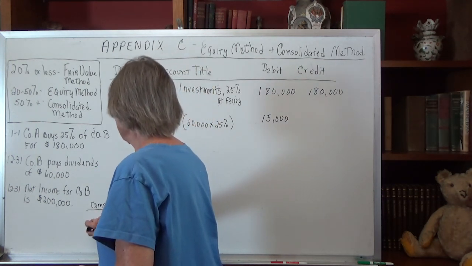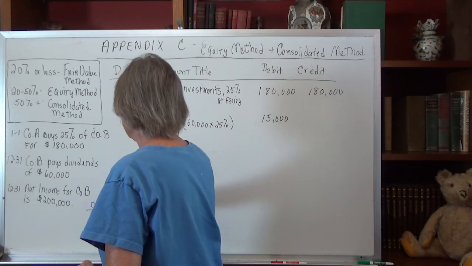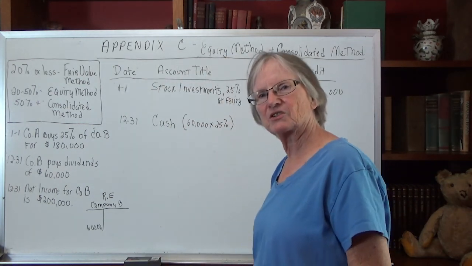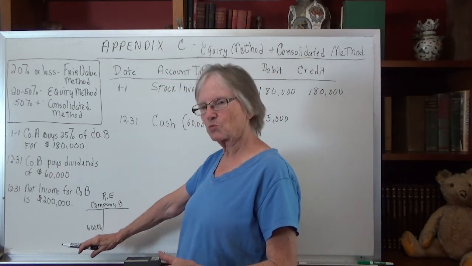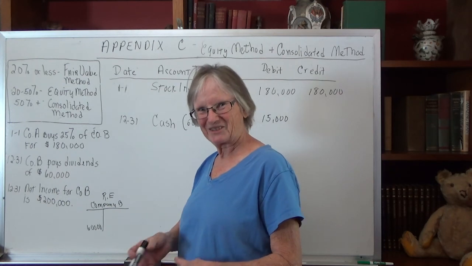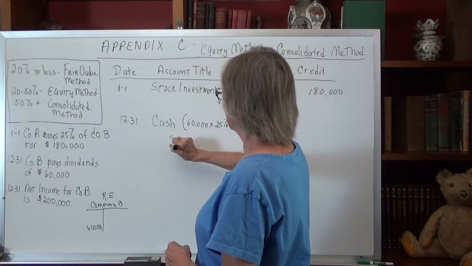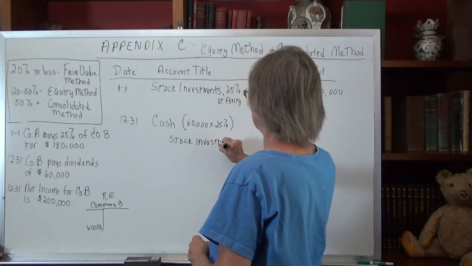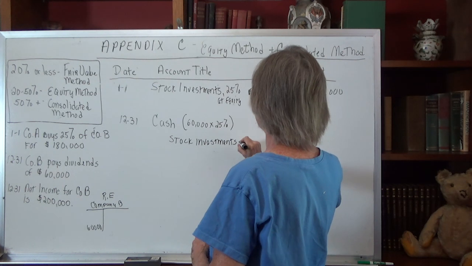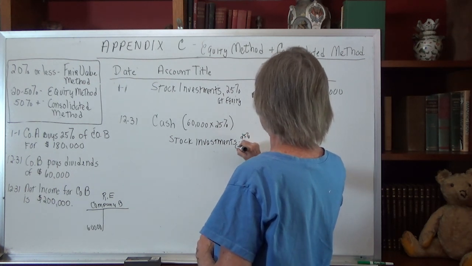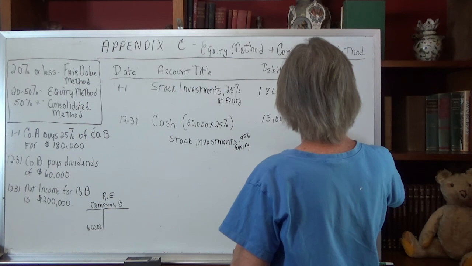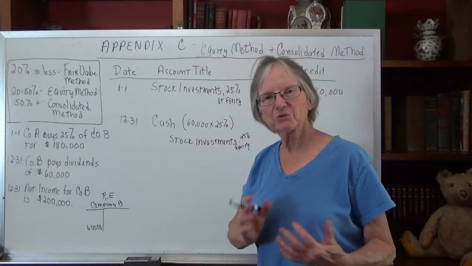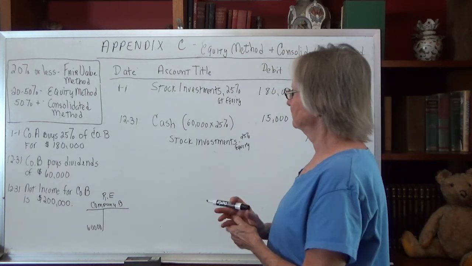And so paying $60,000, if this is their retained earnings, they just reduced their retained earnings by $60,000. And so theoretically, since we influence this company, we're going to reduce our stock investment in that company by our portion of the dividend. So we're going to do stock investments, 25% equity, and we're actually going to reduce our stock investment. Okay, that may not make intuitive sense, but it does if you think about it.